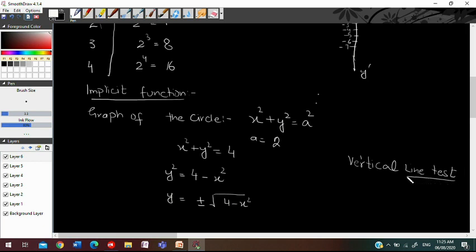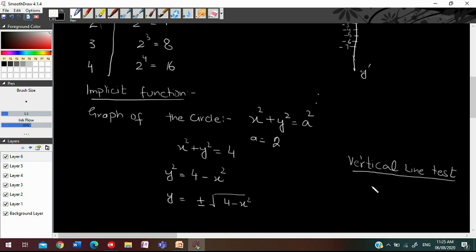The vertical line test is used for confirming whether a given graph is a function or not without doing any calculation.